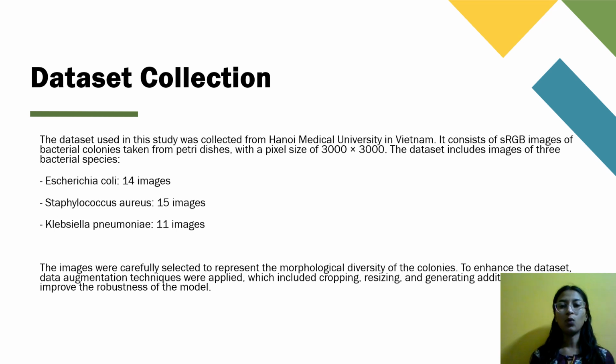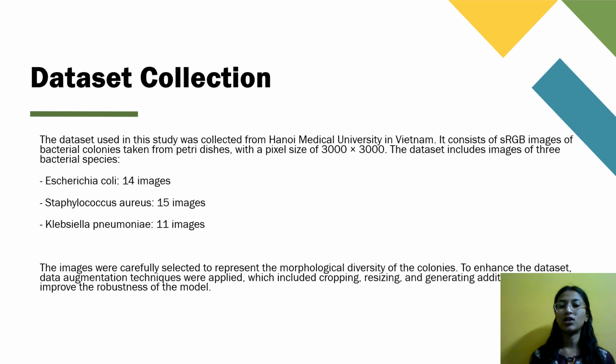So how is this implemented? The first and fundamental step is to collect the dataset. The dataset used in the study was collected from the Hanoi Medical University in Vietnam. It consists of sRGB images of bacterial colonies taken from petri dishes with a pixel size of 3000 by 3000.